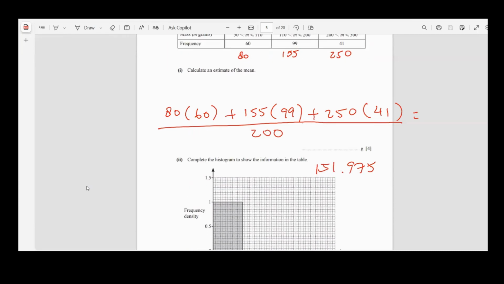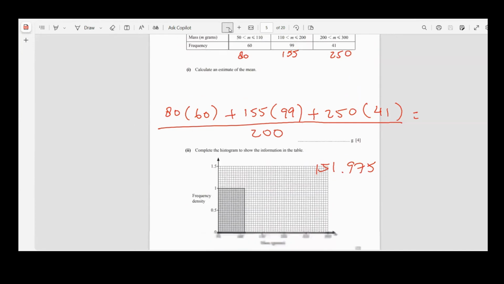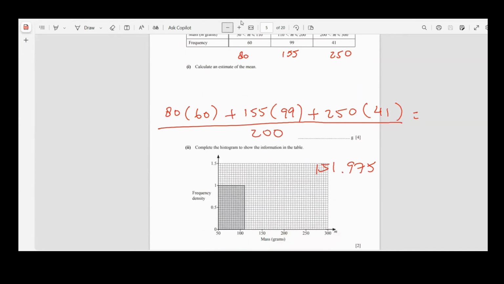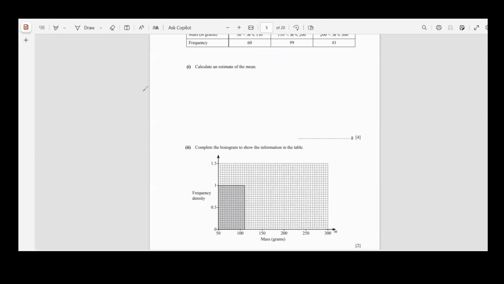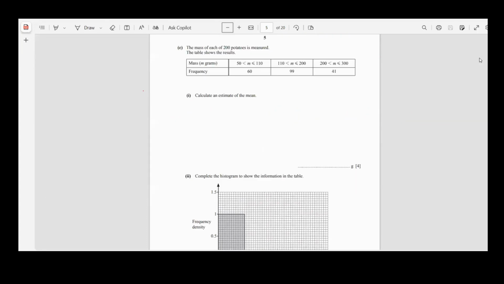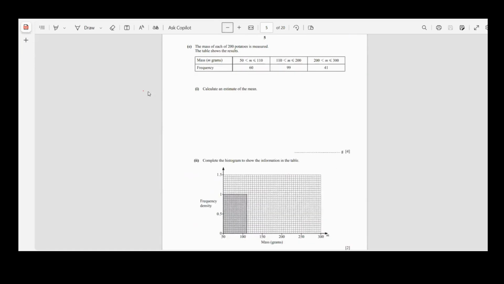Frequency density histogram. Remember the frequency density formula is frequency divided by the class width.